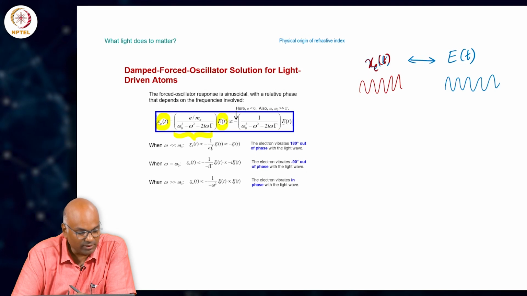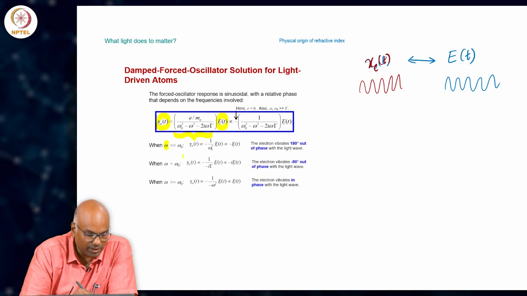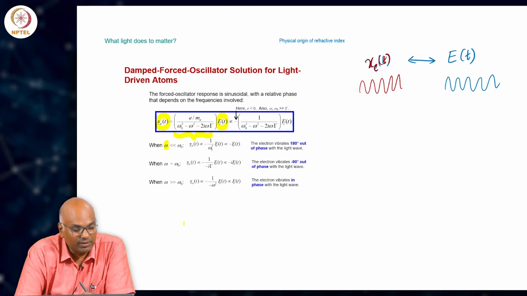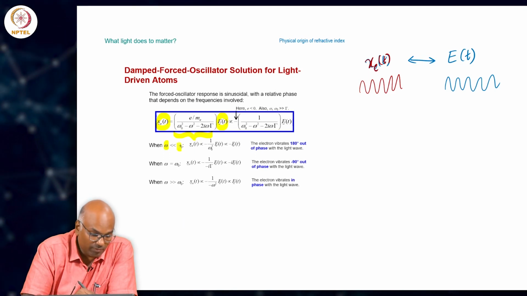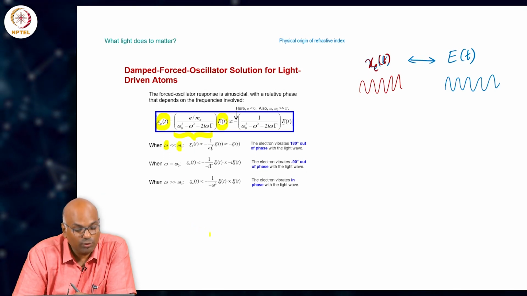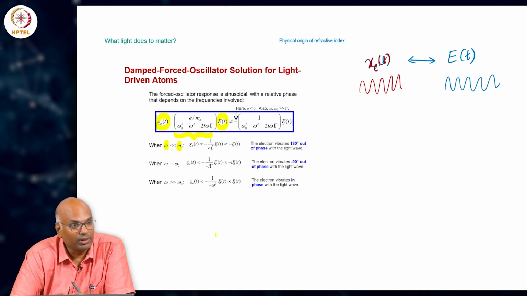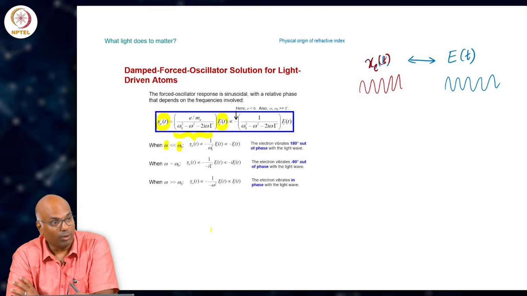Therefore, we can consider three scenarios, one where the driving frequency omega of the wave that is forcing the atom to do something, versus omega naught, the natural frequency of the electron nuclear system, the spring related to the spring constant of this bond.